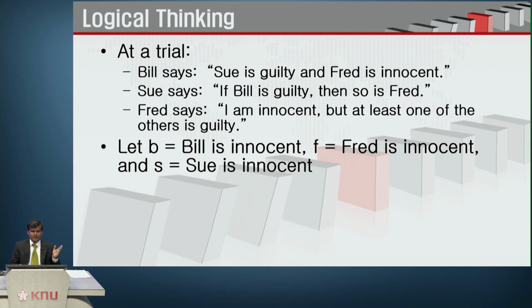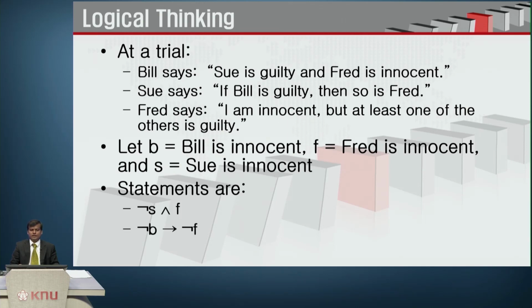So let's say B equals Bill is innocent, F is Fred is innocent, S is Sue is innocent. Their statements are: Bill says that Sue is guilty, so negation of S, and Fred is innocent, so and F. Sue says if Bill is guilty, then so is Fred, so negation of B implies negation of F.